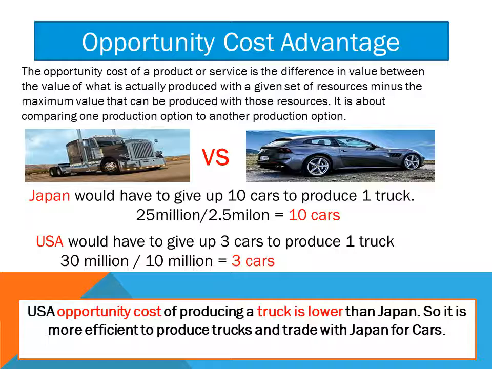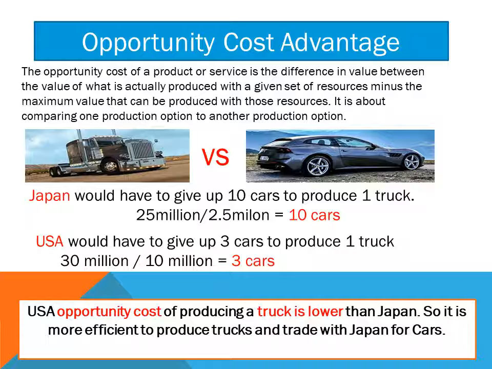So when we look at opportunity cost advantage now, we're saying how much of that actual value of resources that we have to use do we have to give up to produce another product? So if Japan has to produce cars over trucks, how many cars do they have to give up to produce one truck?